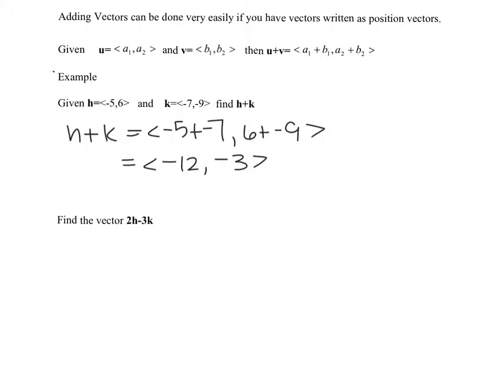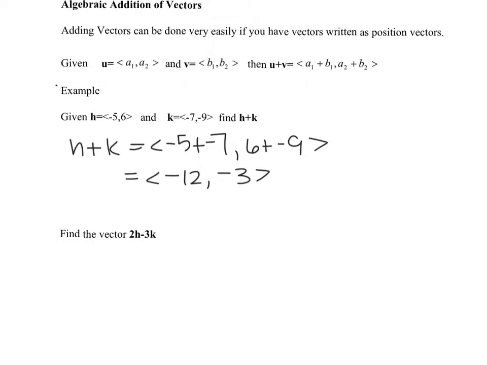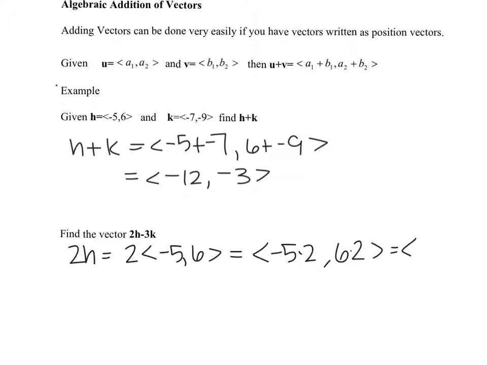Next, we want to find 2h minus 3k. So we want to find 2h first. 2h takes your vector h and multiplies it by 2. So remember, we distribute that 2 into the vector, so -5 times 2 and then 6 times 2, which is going to become -10, 12.